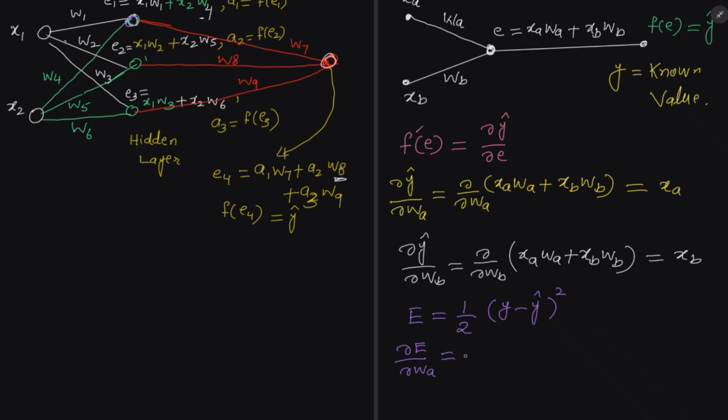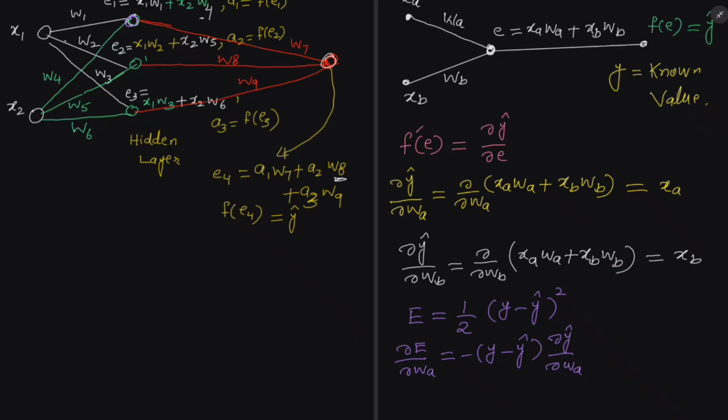That will be equal to minus. Now what we are doing, we are optimizing the error. We want to reduce the error, and in an optimization problem, always remember that you need to take a derivative. So we have partial y hat by partial WA. Okay.